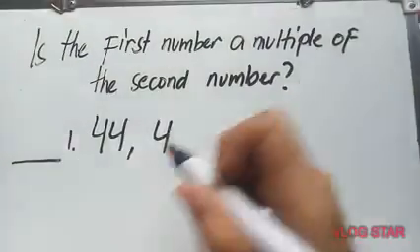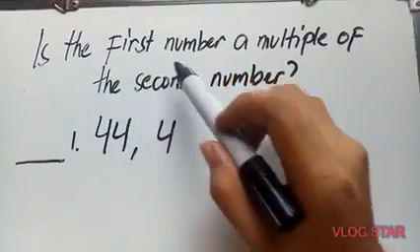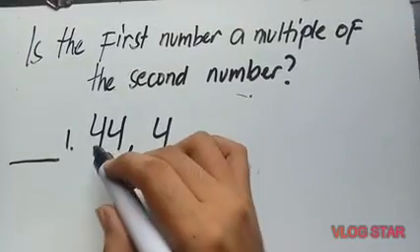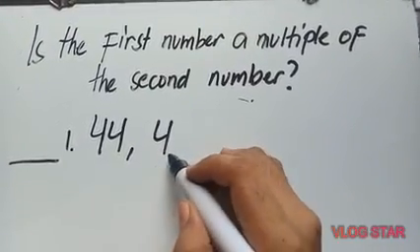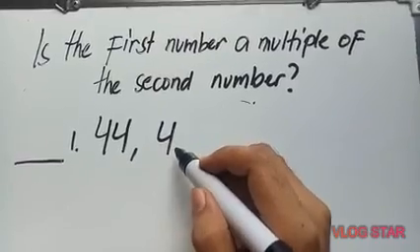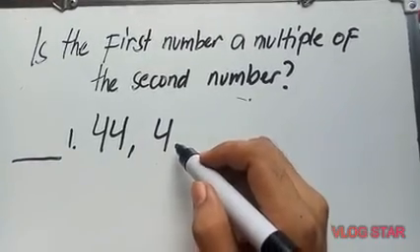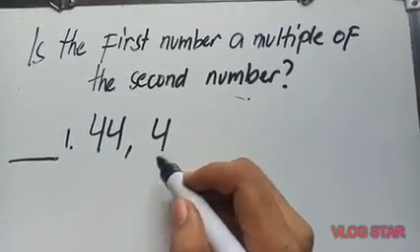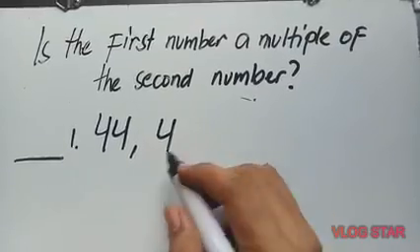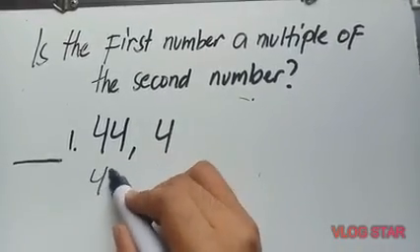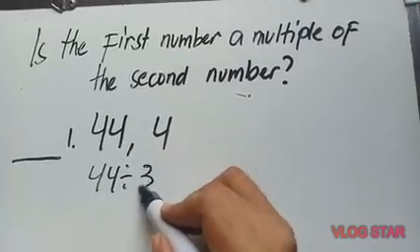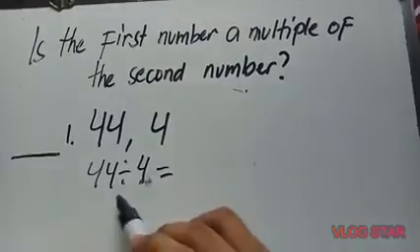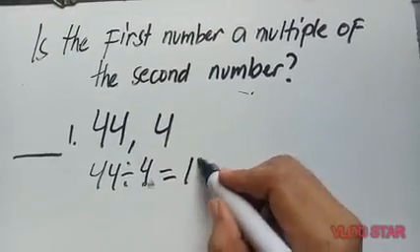So here is another question. Is the first number a multiple of the second number? Meaning to say, is 44 a multiple of 4? How can we know if 44 is a multiple of 4? Simply, we can just divide. 44 divided by 4, the answer is 11.